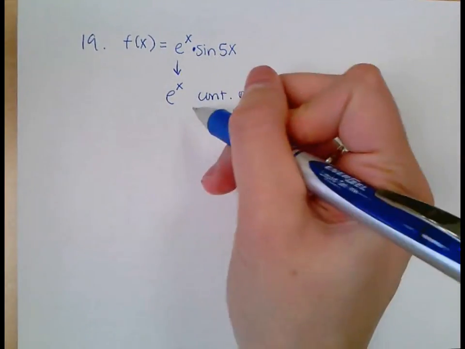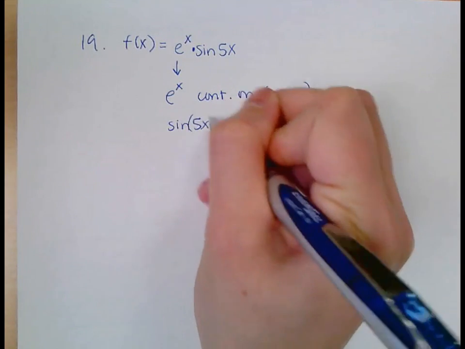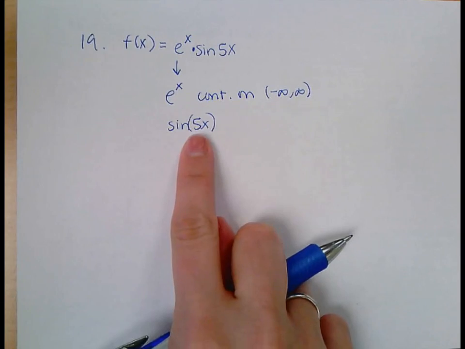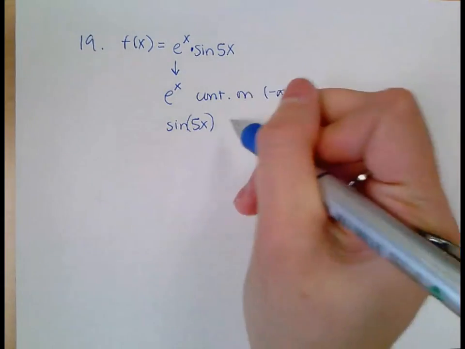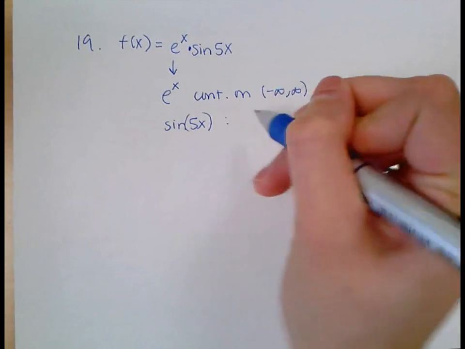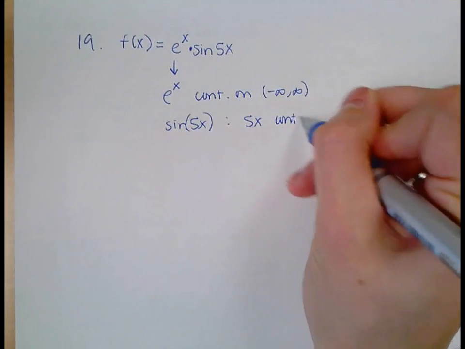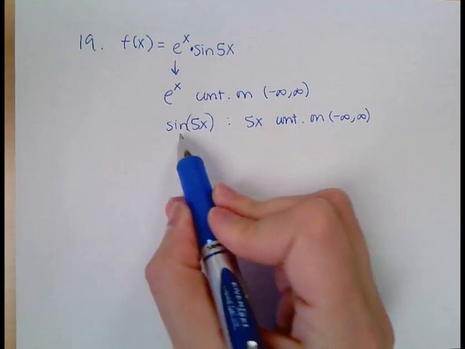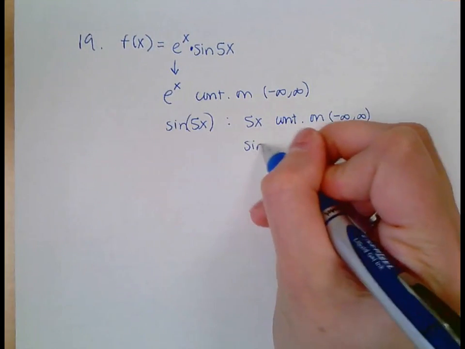And then sine of 5x. So this is actually kind of using, what we just used, theorem 9. So 5x is technically inside of the sine function. 5x is a polynomial. This is continuous on all real numbers. And then we know sine of x is also continuous on all real numbers.